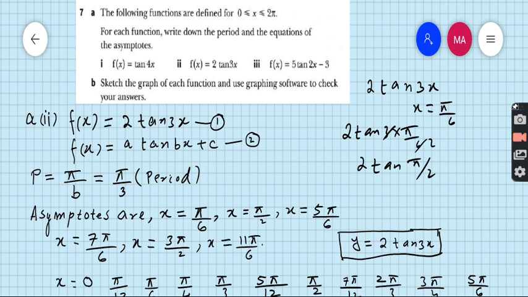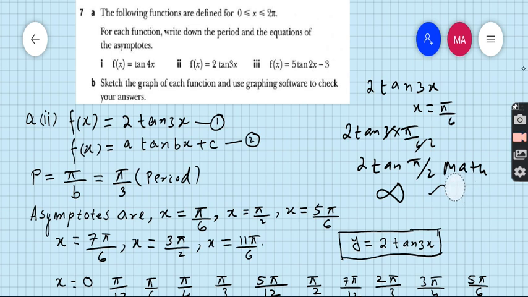If you use your calculator, which must be in radian mode, and find tan pi by 2, you will get a math error. In mathematics we call this undefined. So after verification, pi by 6 is an asymptote of the equation.